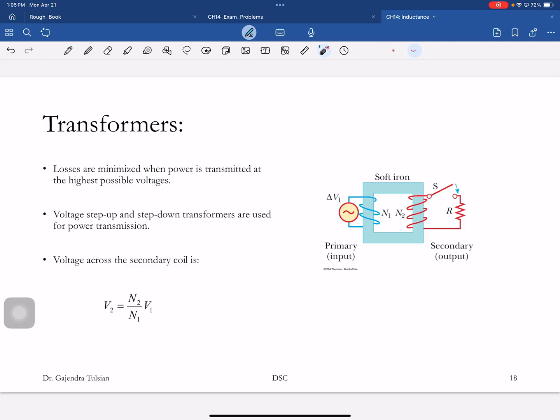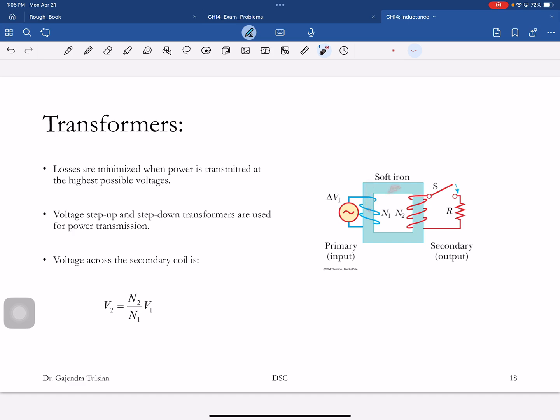So here's a transformer. We use this all the time. What this transformer does is, here's a coil. If you apply an AC voltage to the coil, this produces a magnetic field that is changing direction.